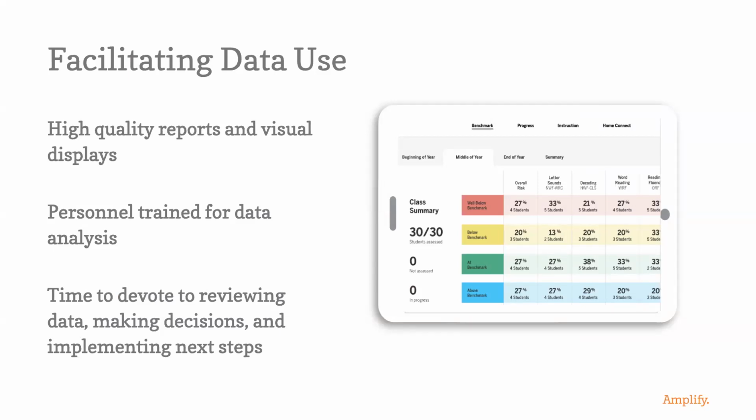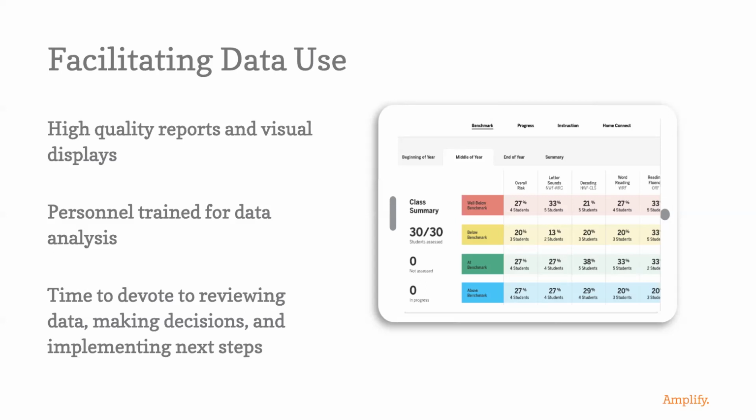Now that we know this is a strong assessment, it's aligned to critical skills, it's developmentally appropriate, and it is technically sound, that is great, but it's not enough to have strong assessments, right? There are other tools, policies, and procedures that must be in place to ensure that decision-making happens that impacts instruction.